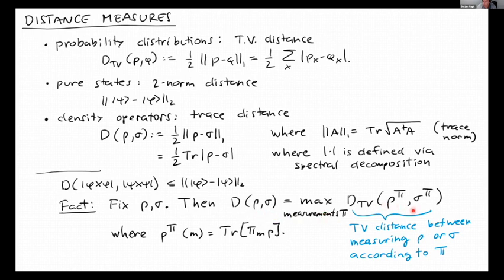It's the maximum observable distinguishability between these states, because it's the maximum total variation distance between the probability distributions that you get by measuring these two states in whatever way you like, and then looking at what the outcome is. And it's in fact equal to that max. So it also tells you that if two states have trace distance epsilon, then there is in fact a measurement which will distinguish them with that total variation distance.